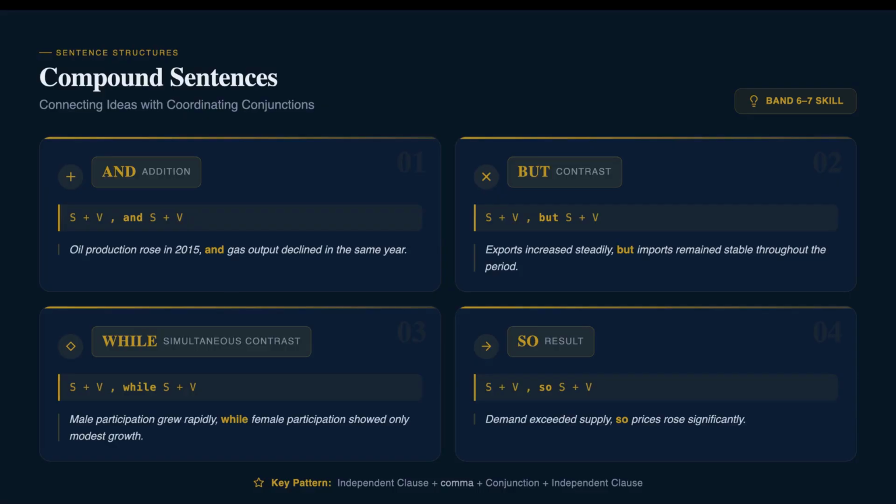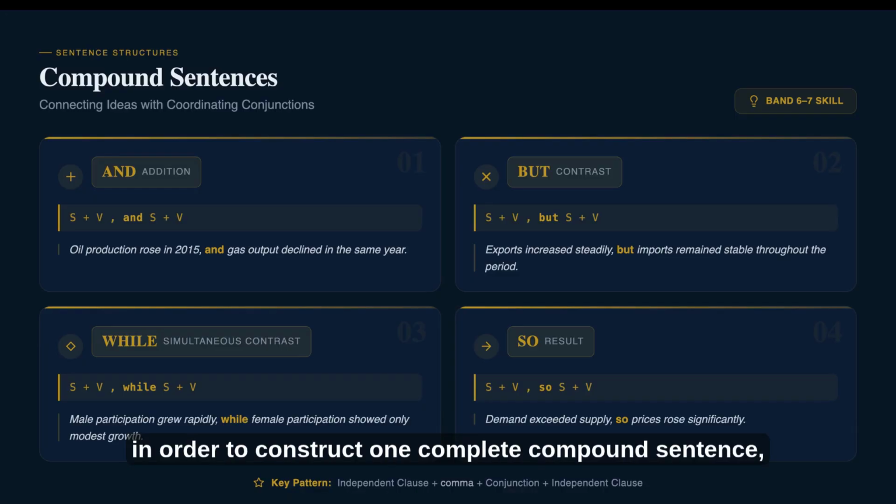Okay, let's move on to the last one. "So" is one of the FANBOYS as well, one of the coordinating conjunctions. "So" is used to express the result.